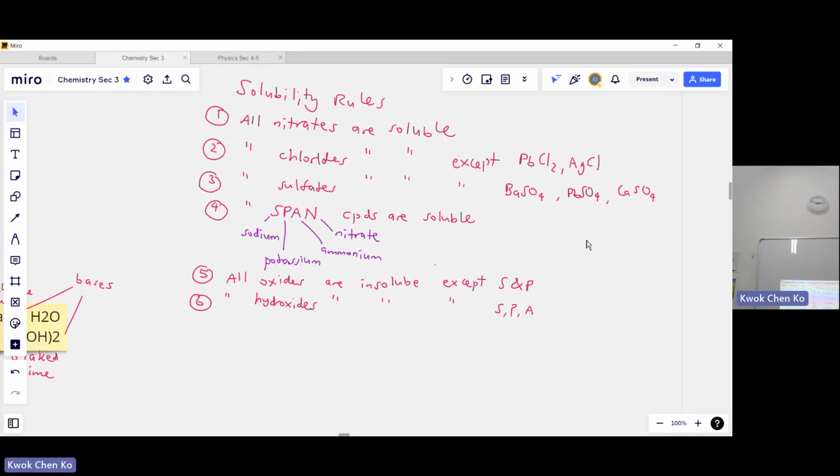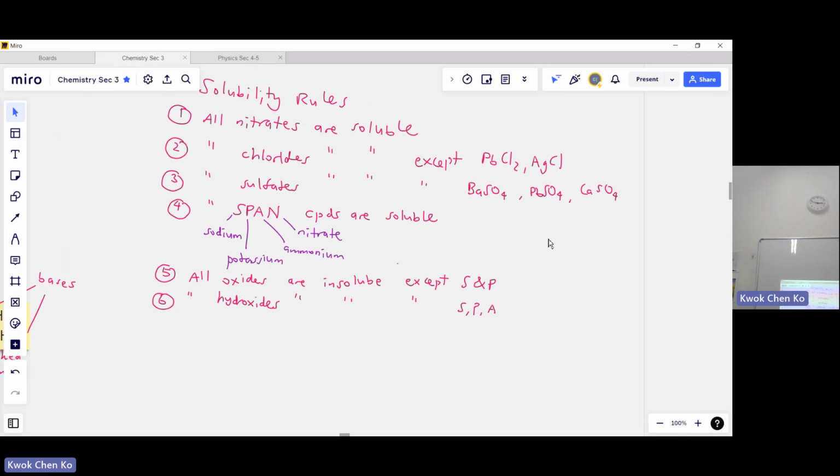One more. What's the last rule? There's one thing that I haven't mentioned yet, right? What is that? Acids. Acids are in general, I mean, they are by default soluble in water. Yes, Bernice? Last one, carbonates.